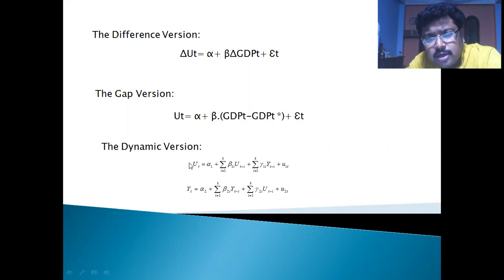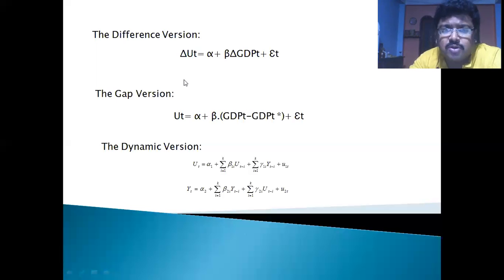The current quarter's unemployment depends on the past quarter's real GDP. So this is the dynamic version, and it is related to the difference version. So here are the three versions of Okun's law: the difference version, the gap version, and the dynamic version.